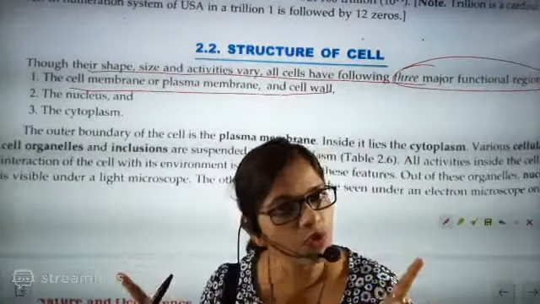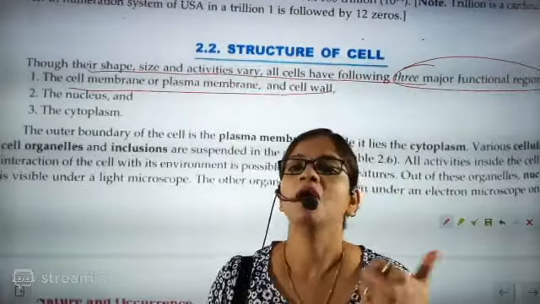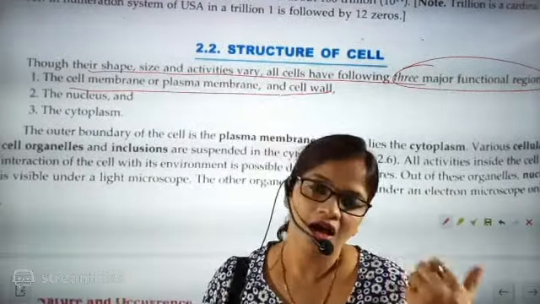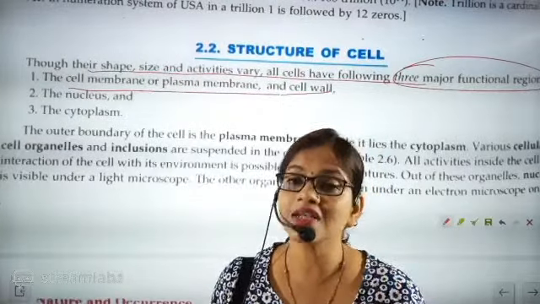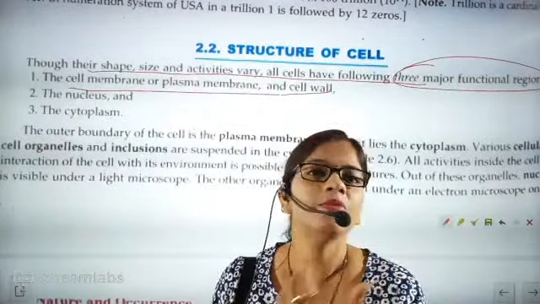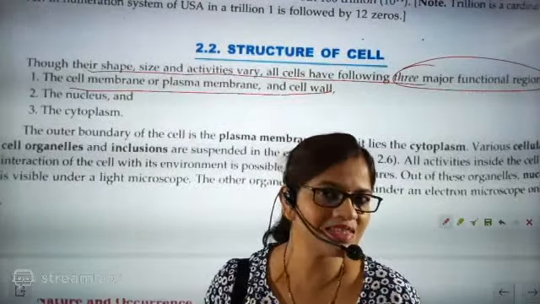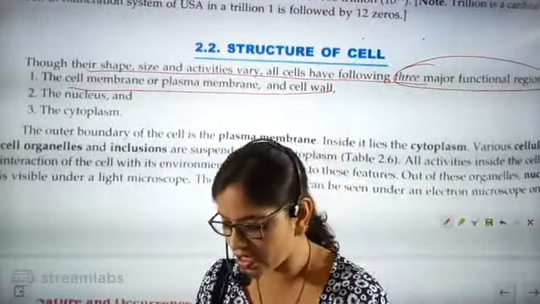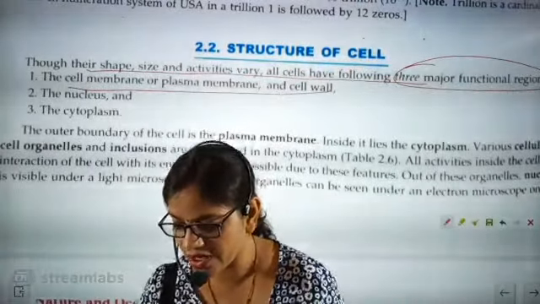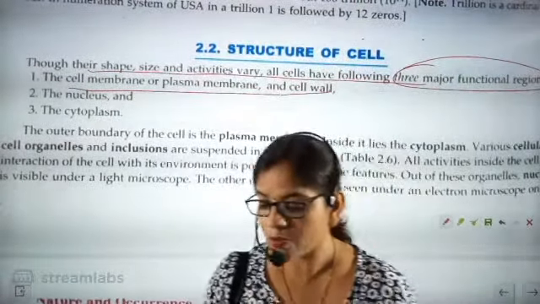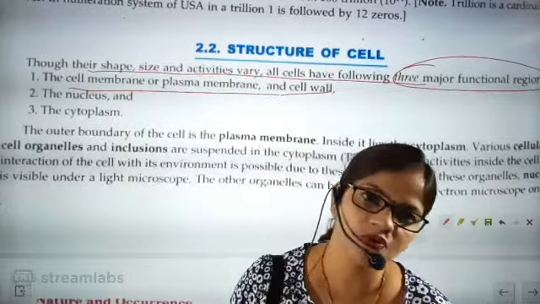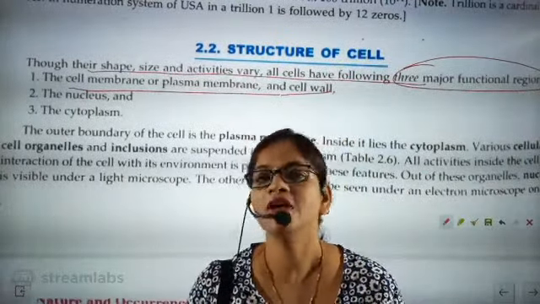This is the most important difference between plant cell and animal cell. Again I am repeating, plant cells will have cell walls, but animal cells will not have a cell wall. Very good everyone. Ashwin, super beta. So plant cells have a cell wall, animal cells do not.